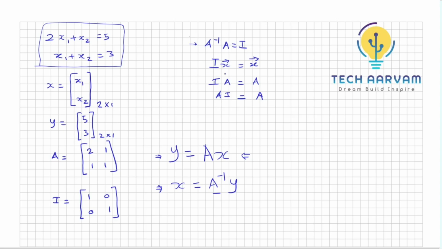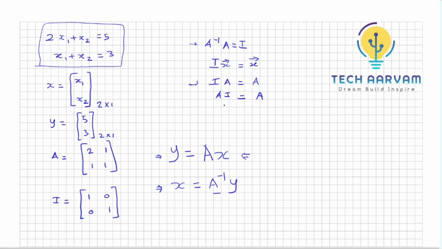A few more properties of the identity matrix. If we take the identity matrix and multiply it with a vector like x here, we get the same matrix back. That is, identity multiplied by the matrix x gives x back. We can also take the identity and multiply that with the matrix A, like shown here, and we will get the matrix A back.